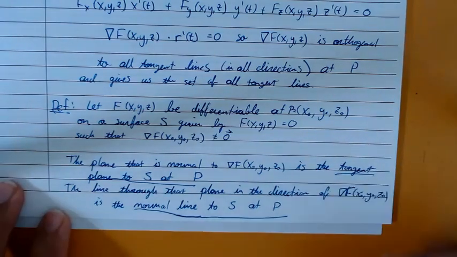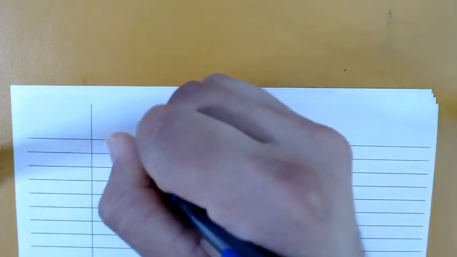All right, as a quick visual. We saw in previous sections that the gradient, among other things, gives us a vector that is orthogonal to the line that is tangent to a level curve.